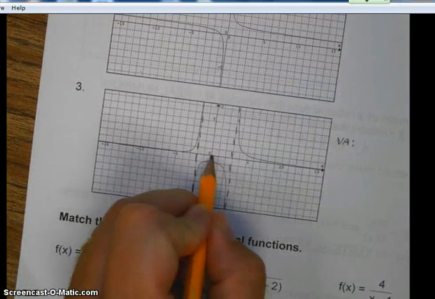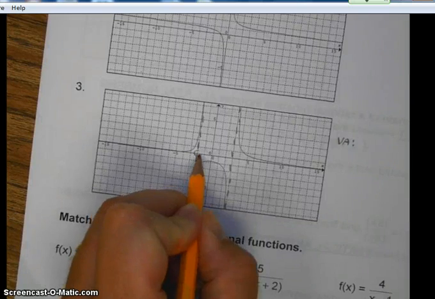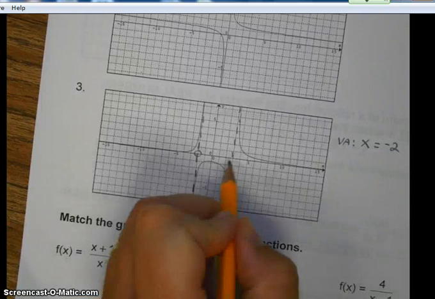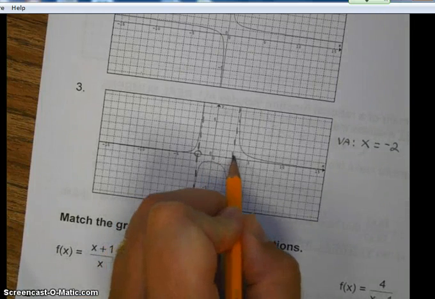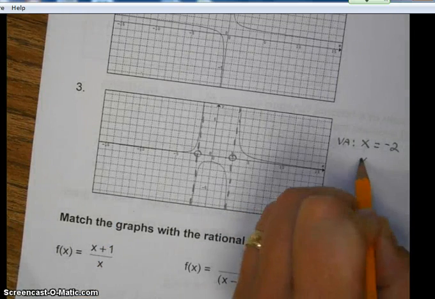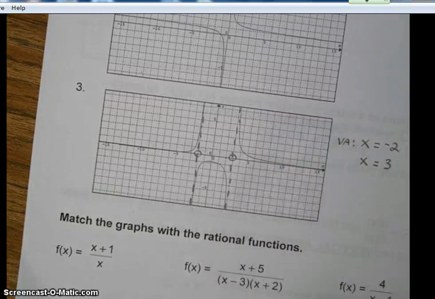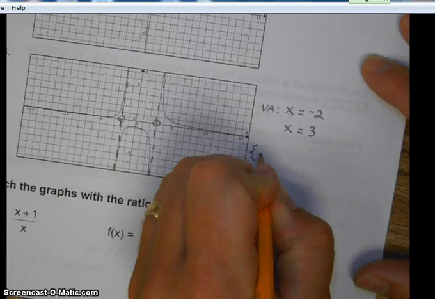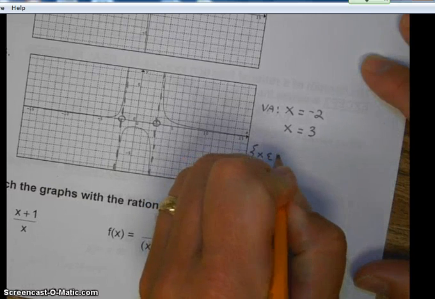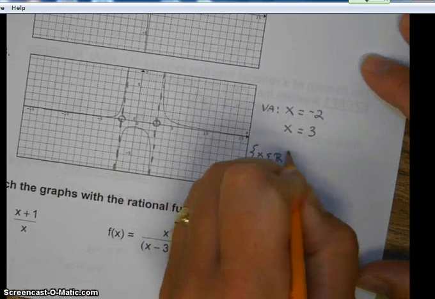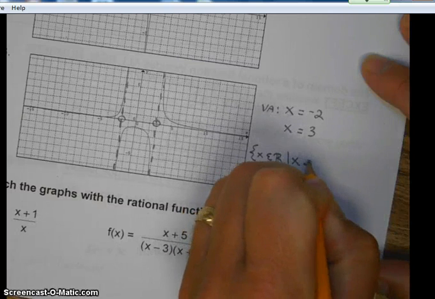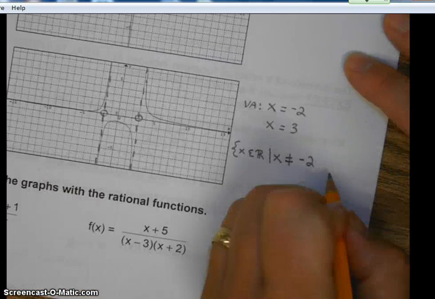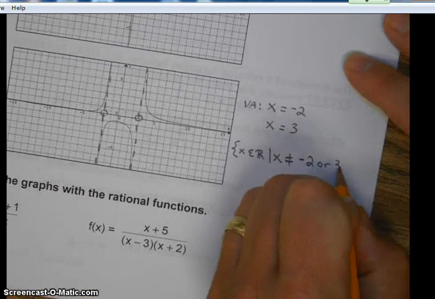We have a vertical asymptote at -2, and at 3. So there are your 2 vertical asymptotes. Domain: x is an element of all real numbers such that x does not equal -2 or 3.